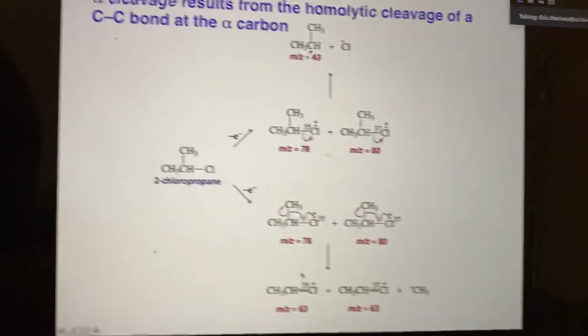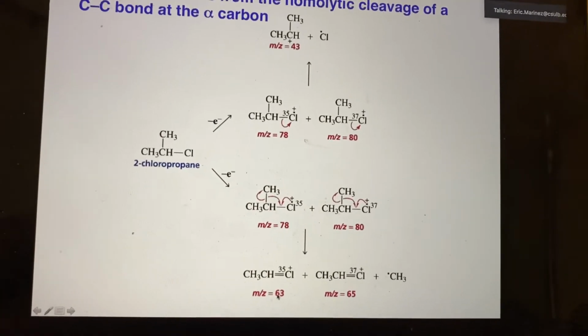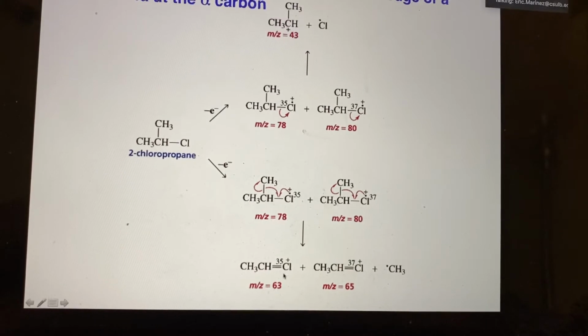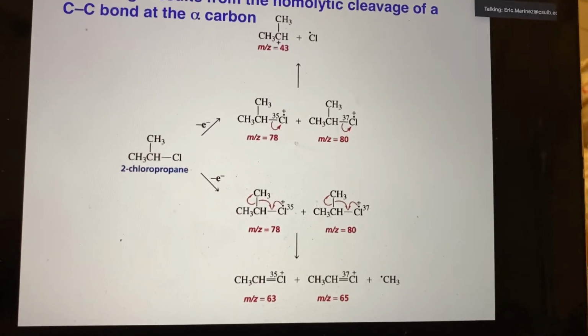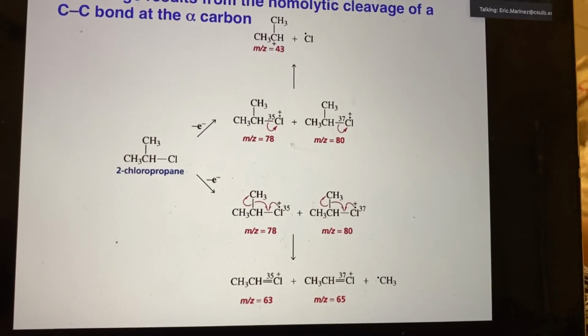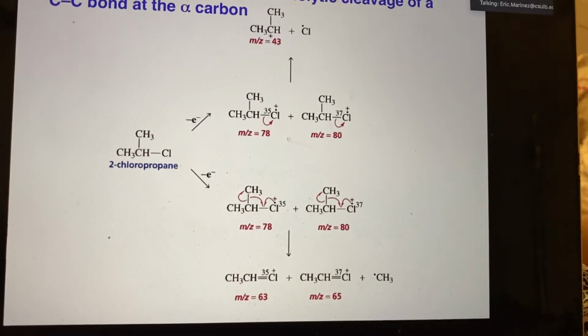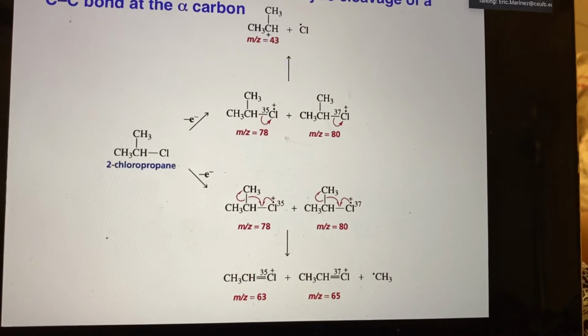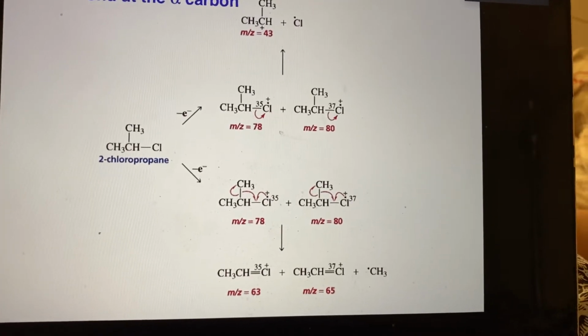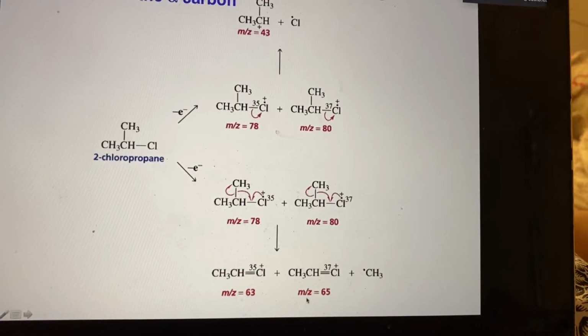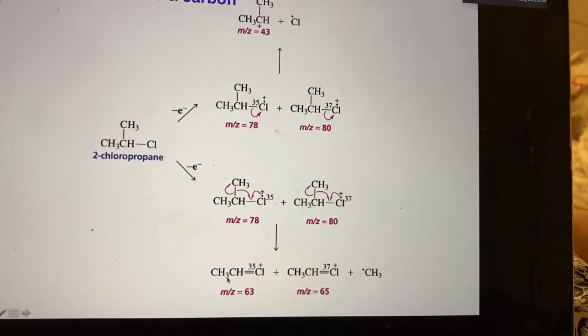So this is a resonance stabilized carbocation where I place the charge on chlorine. And recall, if you learned resonance early on in the first semester, any resonance structure of a carbocation in which everything has a full octet is always better than having a carbon with just six electrons around it. So this is the better resonance hybrid form of those carbocations.